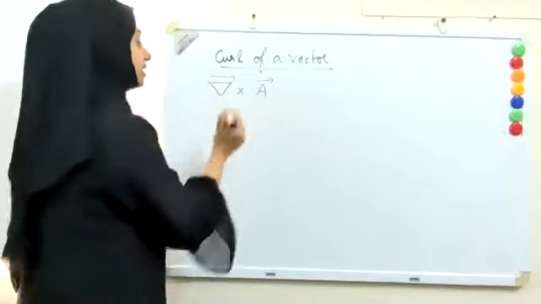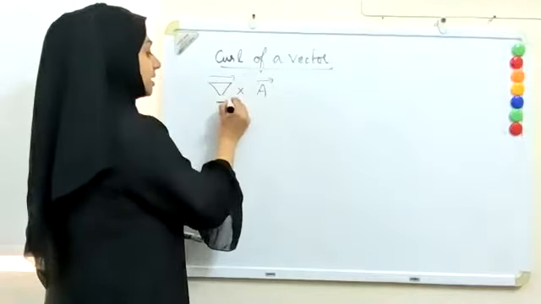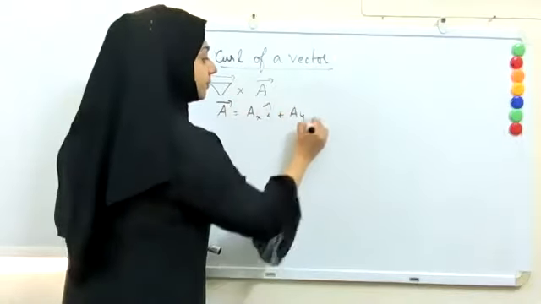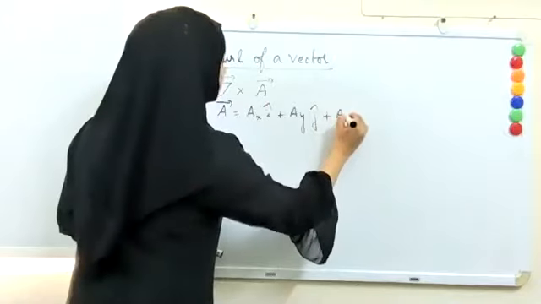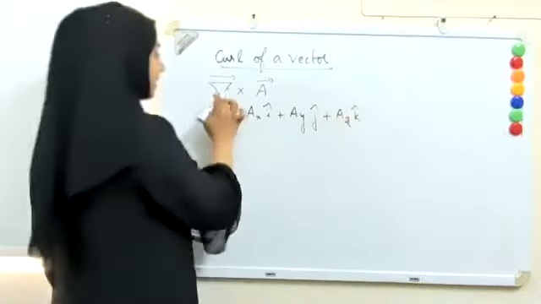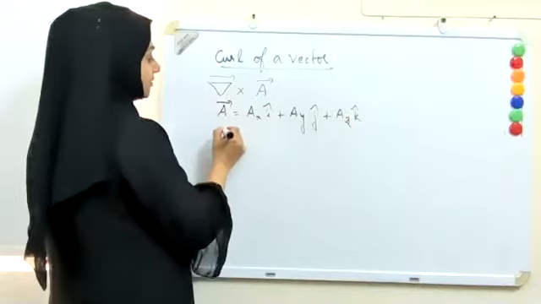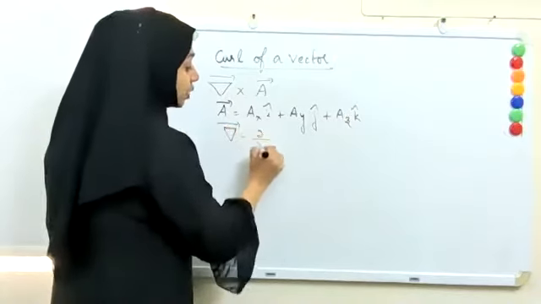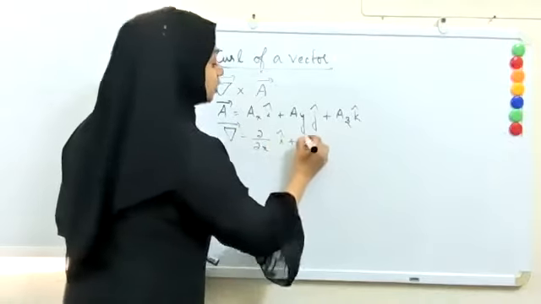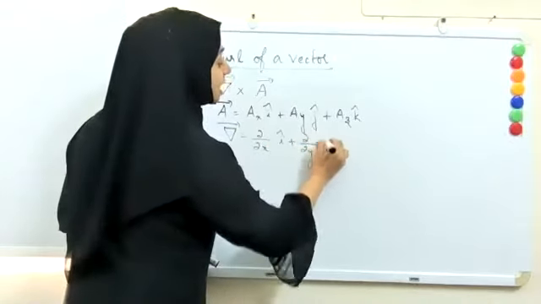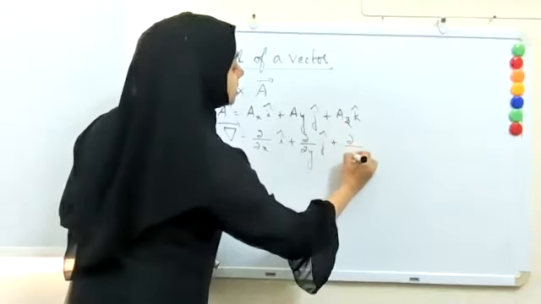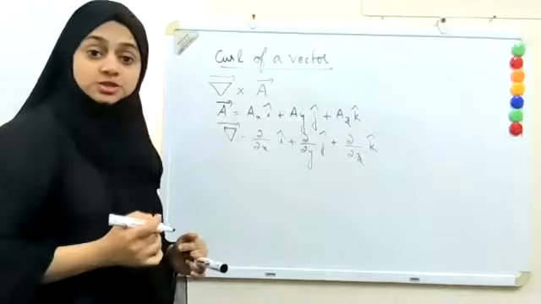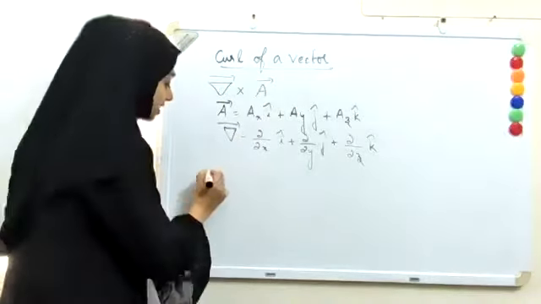Suppose we have a vector A represented by Ax i plus Ay j plus Az k. And del, as you know, is given by del is equal to dou by dou x i cap plus dou by dou y j cap plus dou by dou z k cap. Now when you take the cross product between these two, how can we find the cross product?